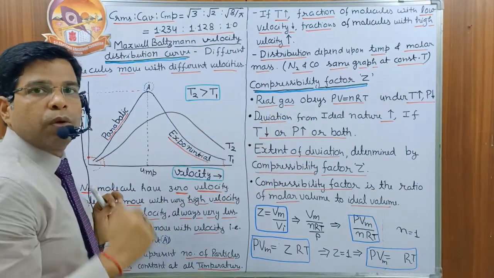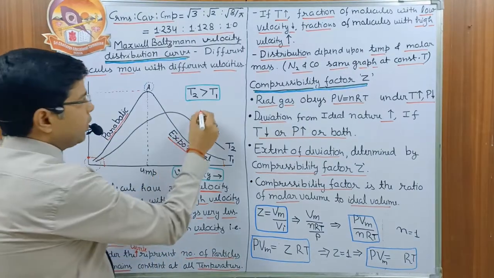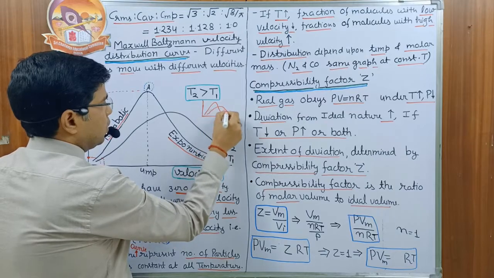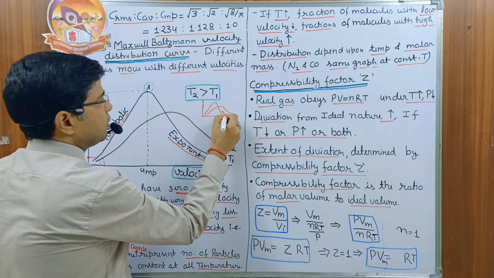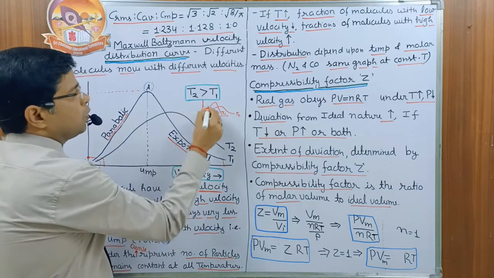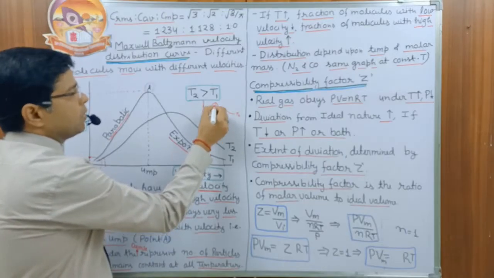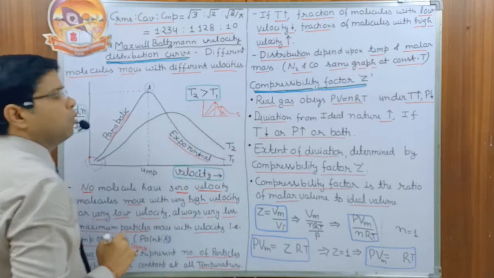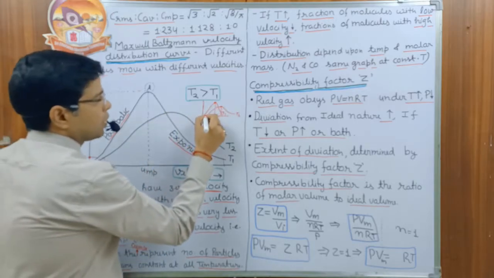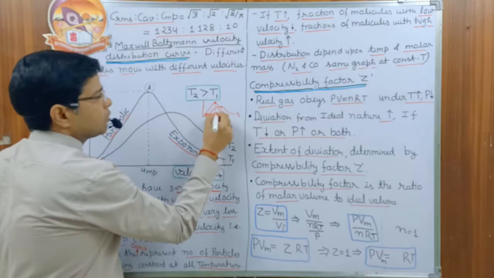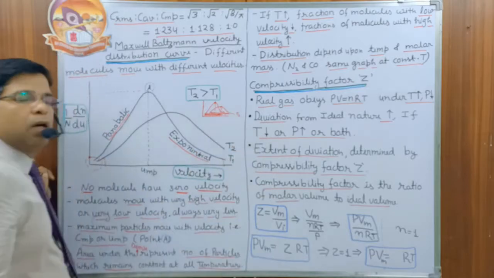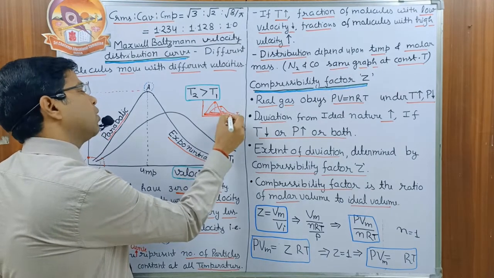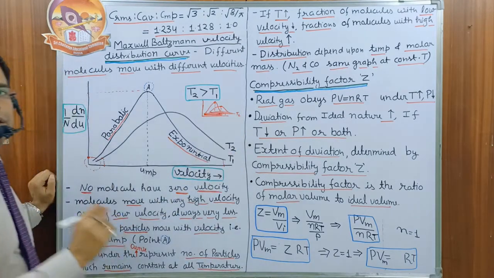Okay, what we need to remember, if I draw this graph, and if I ask, this is T1, this is T2. So you remember, for the lower temperature we have the highest peak, for the higher temperature we have the lowest peak. For the lower temperature we have the smaller range, but for the higher temperature we have the larger range.